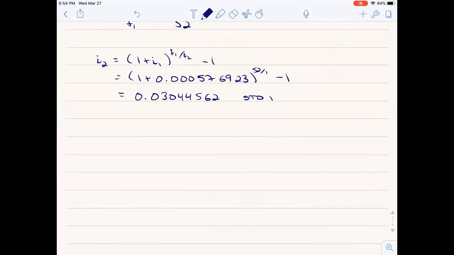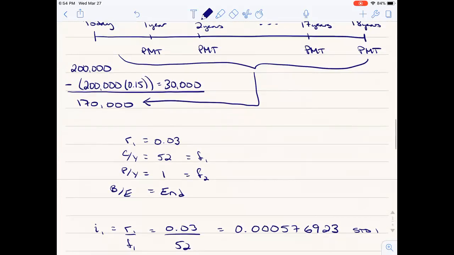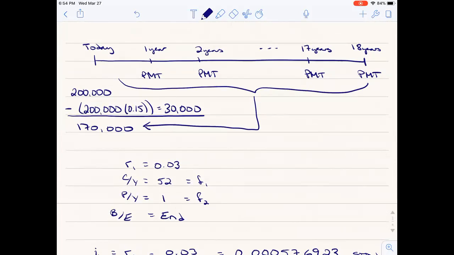All right. So the 170,000, right? That's a present value. So we know the present value, and that's what we have to use to find the payment amount, right? On your formula sheet, you've got either the present value or the future value formulas to choose from to find the payment amount.